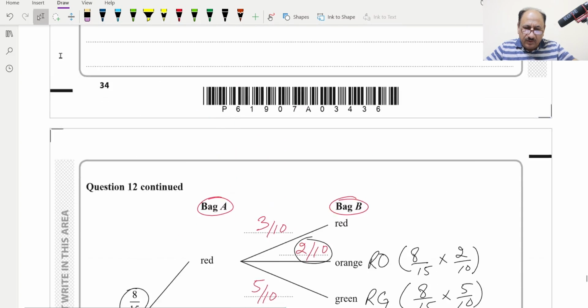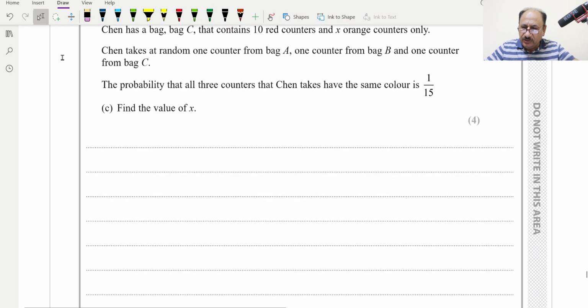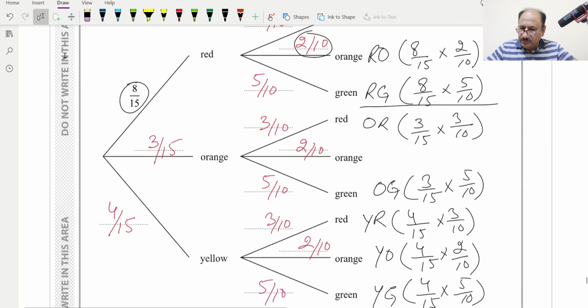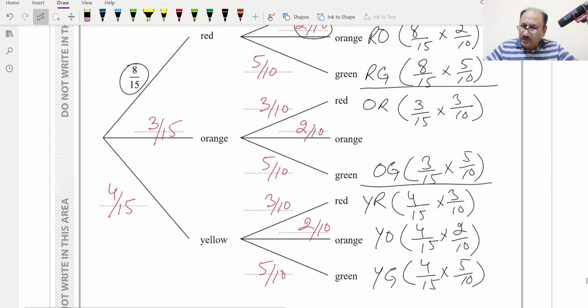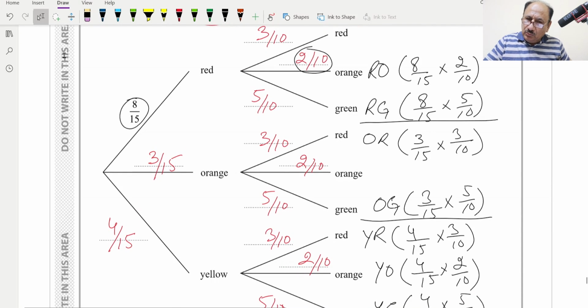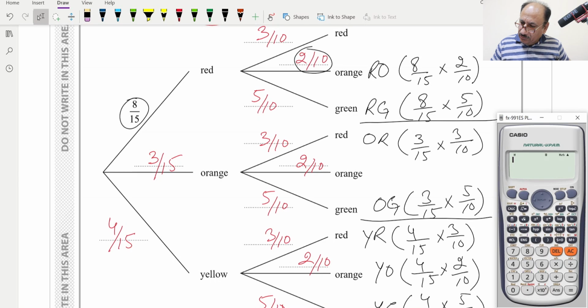Now after writing these probabilities, we have to add them, basically a 3 marks question. So if we calculate with the help of a calculator, 8 over 15 multiplied by 2 over 10 is equal to 8 over 75.